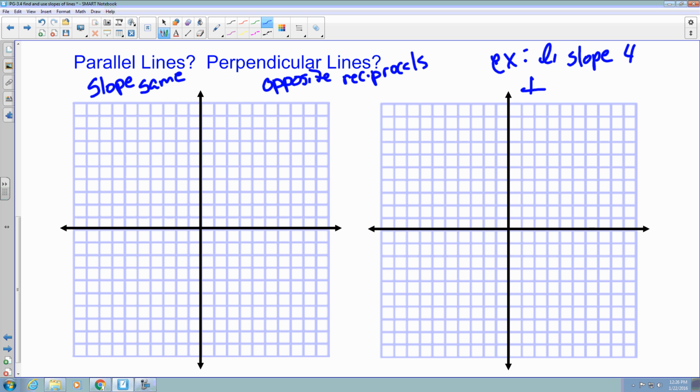For it to be perpendicular, line 2 would have to have a slope of, so you're going to flip the fraction, pretend this is 4 over 1, so it'd be 1/4, and then you change the sign. Since the first one was positive, this would be negative. So for two lines that have perpendicular slopes, they must be opposite reciprocals of each other.